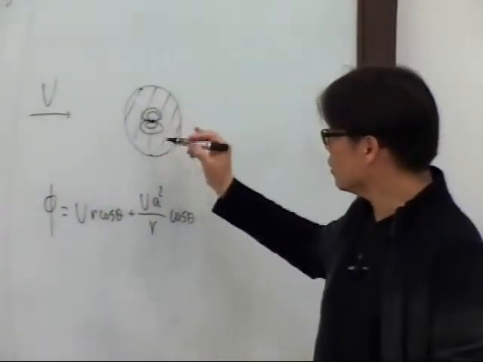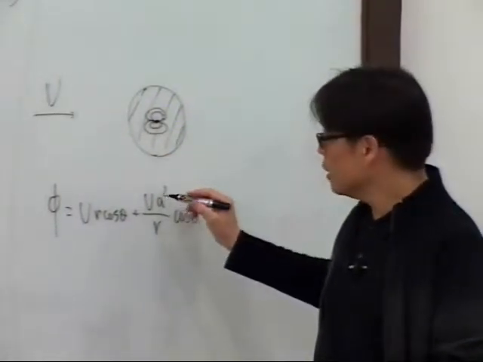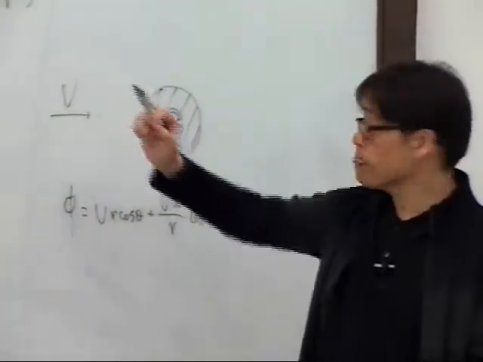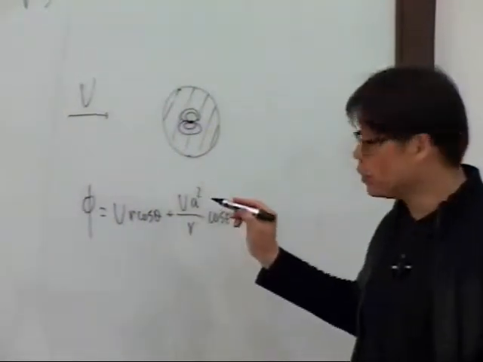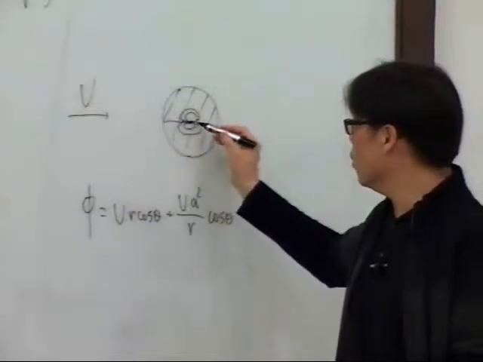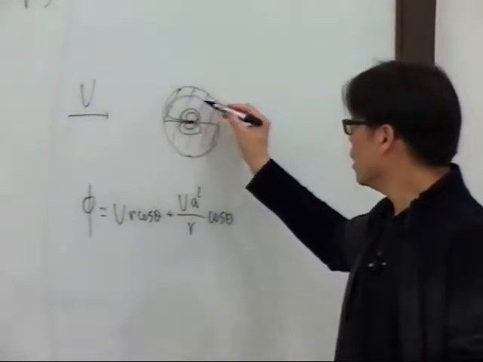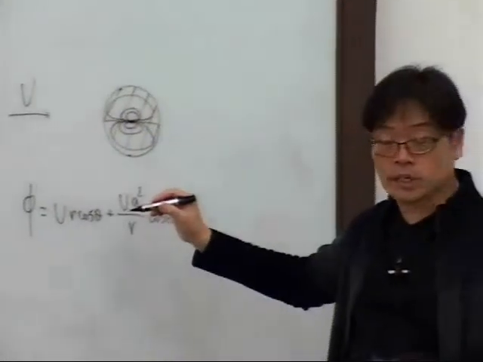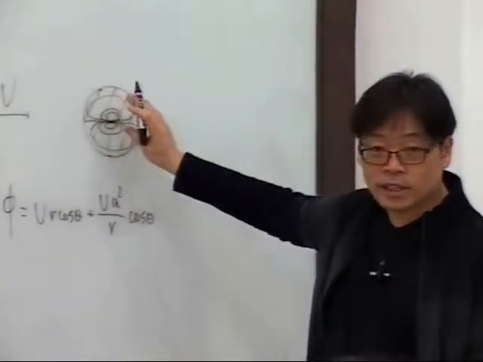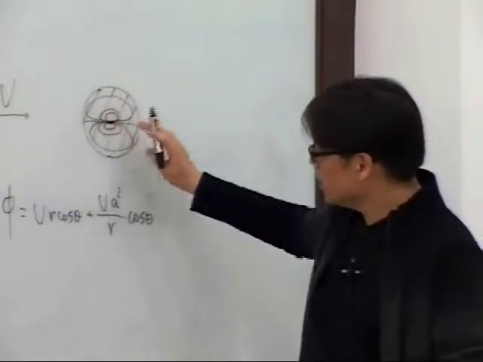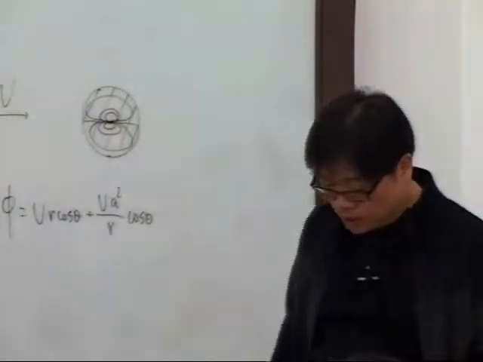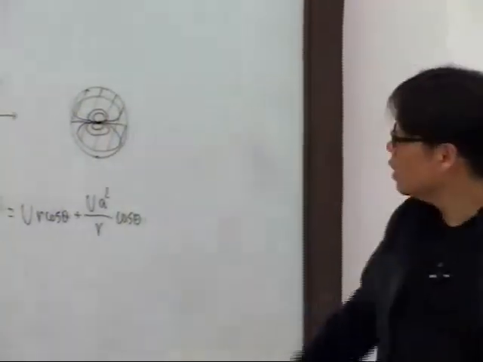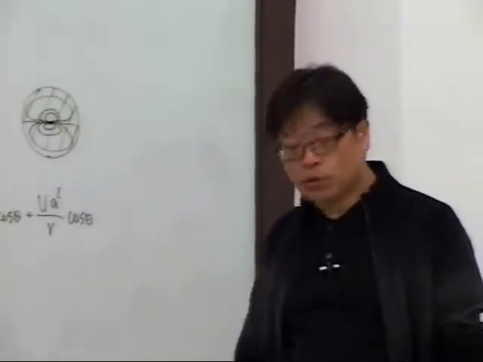So as long as you impose the right boundary condition to determine B1, in this case, which is UA squared, then there is no flow coming out through this surface. So everything is contained. All the flow inside really remains inside of the circular cylinder.